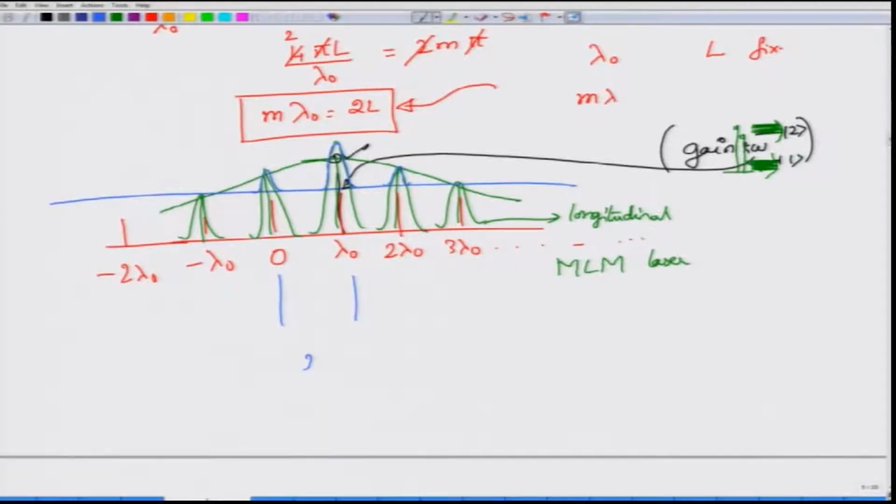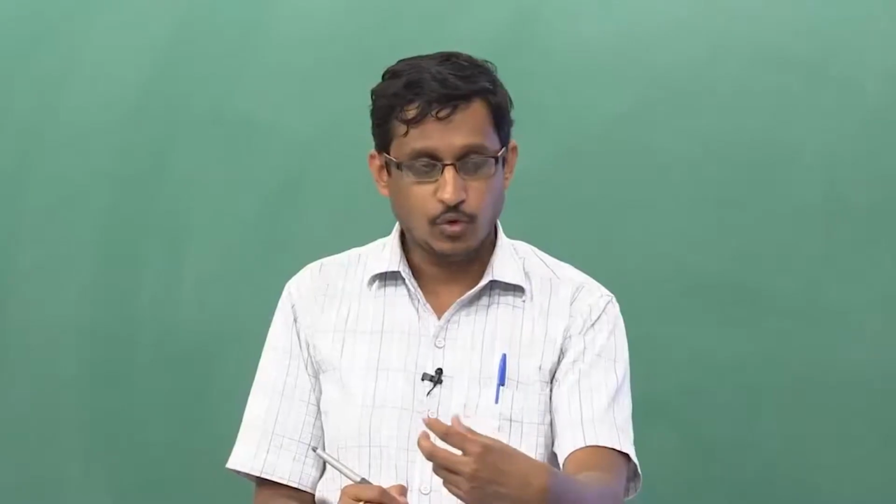We know that the length here is L, and the time is 2L by c, where c is the speed of propagation, or in case you are looking at a medium which has a certain refractive index, then this would be 2nL by c. 1 by time is frequency. So, this is c by 2nL. This is called the modes of a cavity.